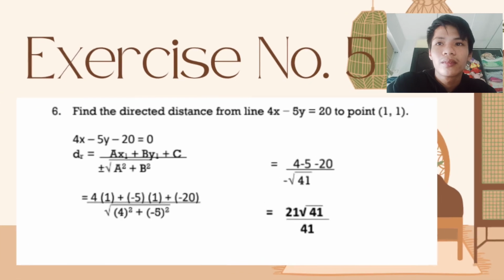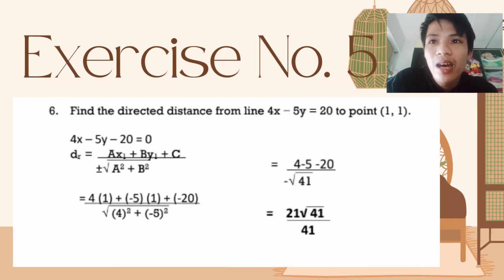So last, number 6. Find the directed distance from line 4x minus 5y is equal to 20 to point 1 and 1. So 4x minus 5y minus 20 is equal to 0. So d is equal to Ax1 plus By1 plus C over positive, negative square root of A squared plus B squared.